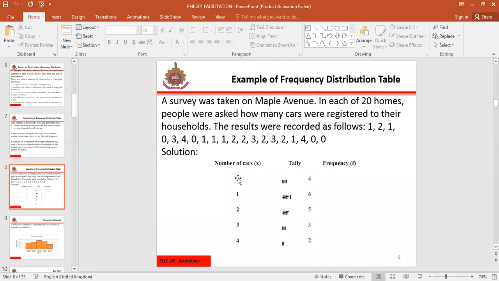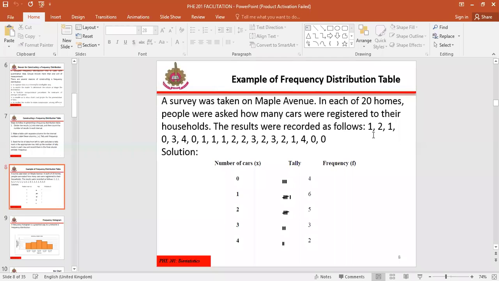The number of cars recorded ranges from 0 to 4. That's why we have 0, 1, 2, 3, 4 in the first column. And for 0, we have 4.